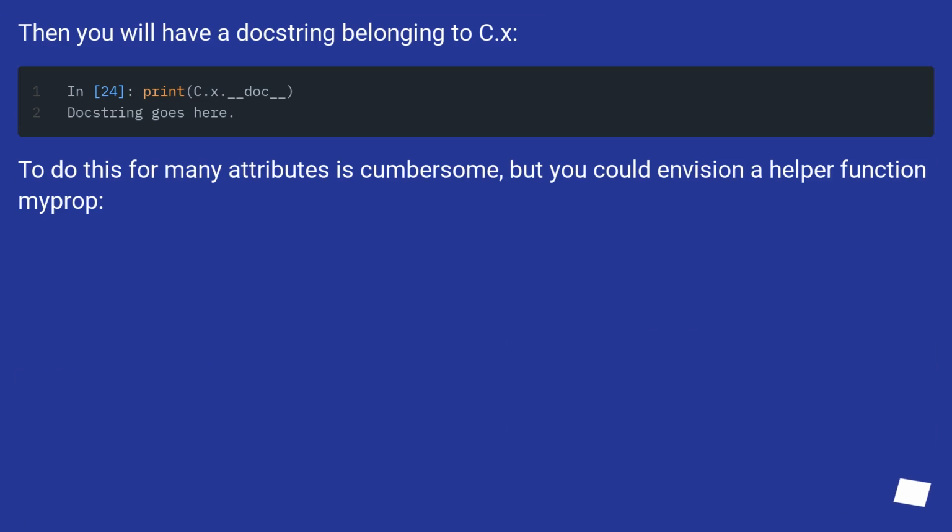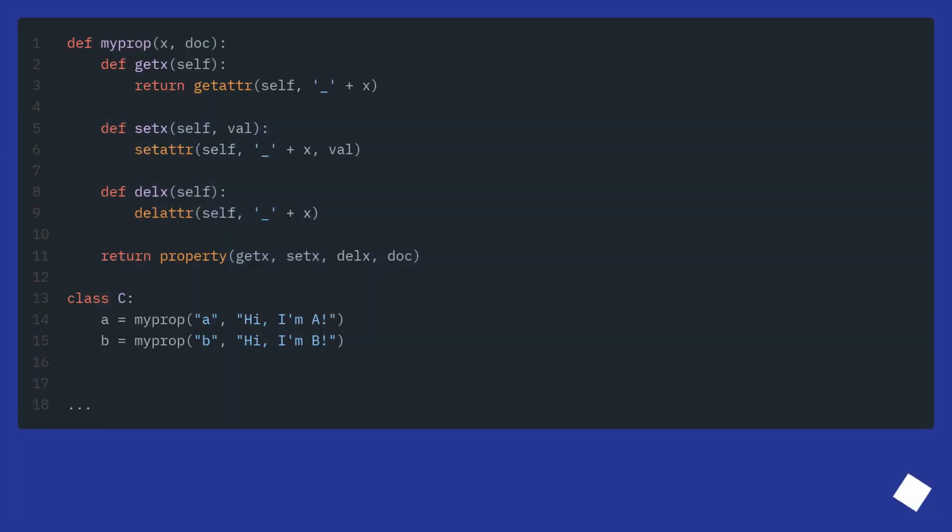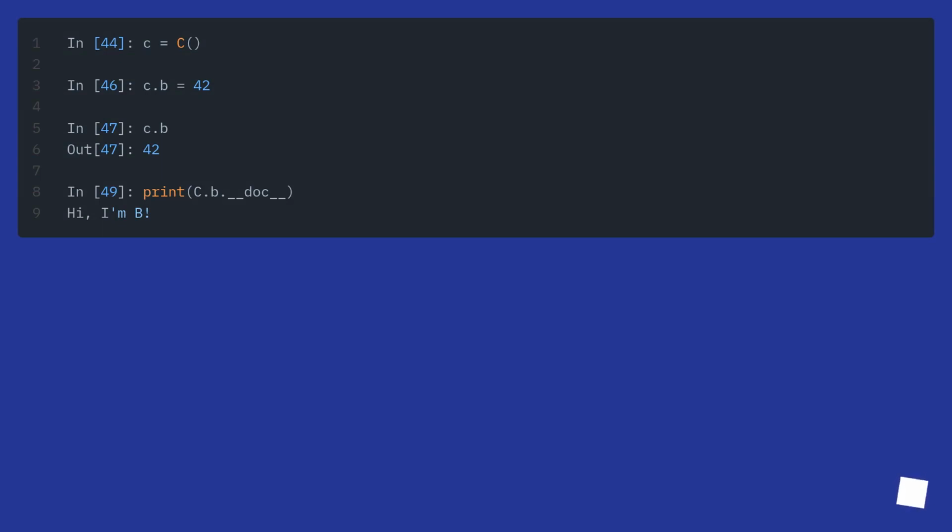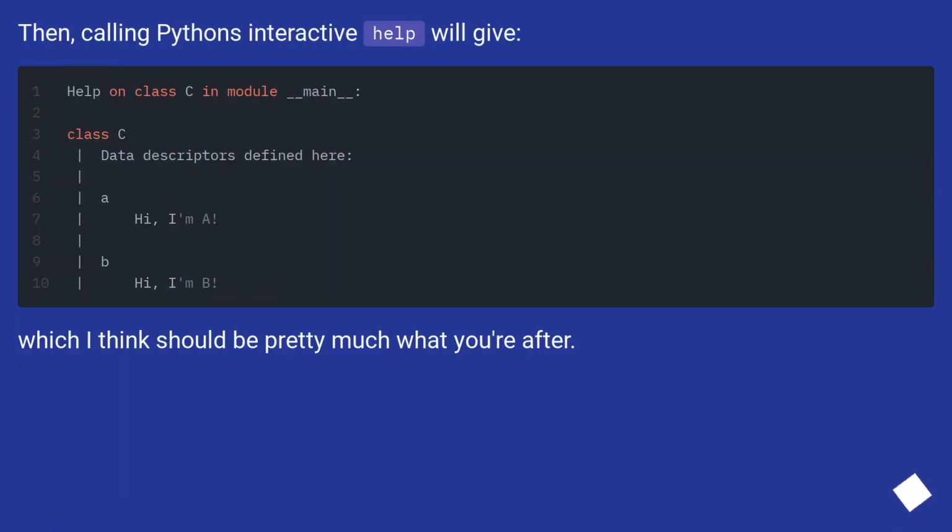To do this for many attributes is cumbersome, but you could envision a helper function myprop. Then, calling Python's interactive help will give. Which I think should be pretty much what you're after.